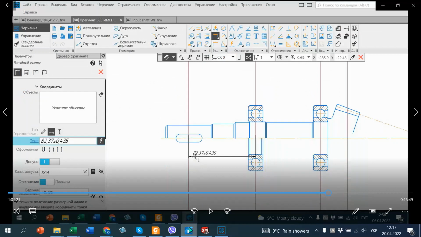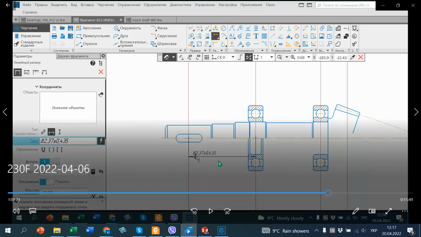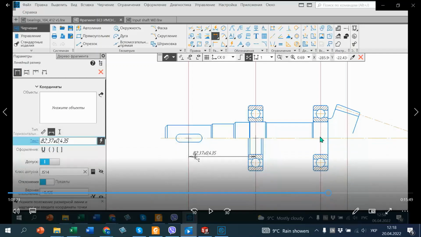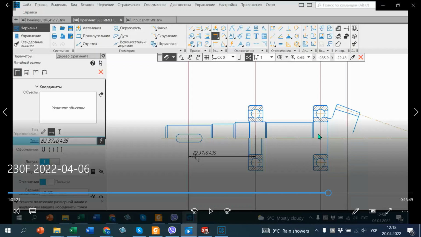It is a fragment from our previous class, and here we have distances A, B, and C. We found that distance A is approximately 80 millimeters, and distance B, the distance between the middles of the bearings, is recommended approximately 2D, where D is the bore diameter of the bearing.